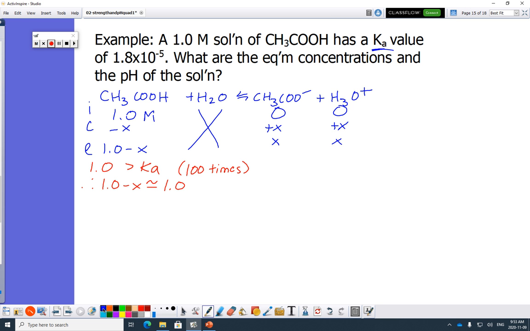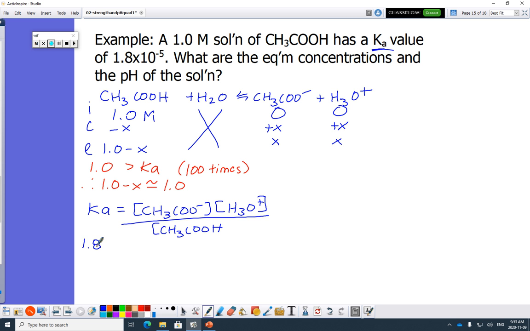So you can't ignore those x's. Or put 1 minus x in the bottom, and then you would have an x squared term. You would have to make it into standard form and use the quadratic formula, or you can use this approximation.